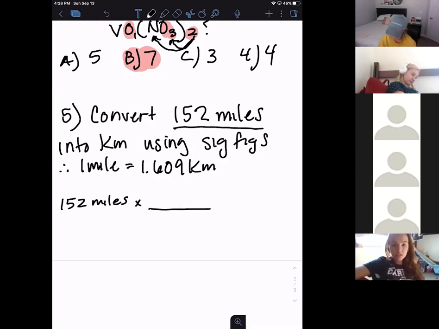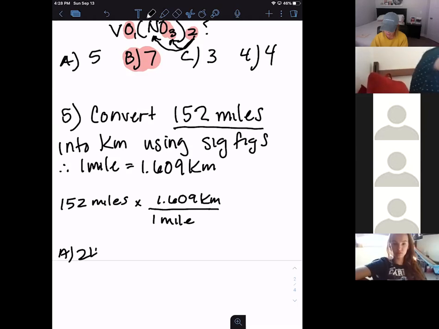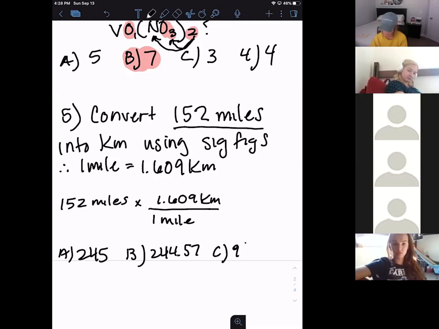For every 1 mile, we get 1.609 km, kilometers. Key here, follow your units. Put your units in. Now this problem is still a multiple choice problem, okay? So A, 245, B, 244.57, C, 94.4, or D, 94. Okay?